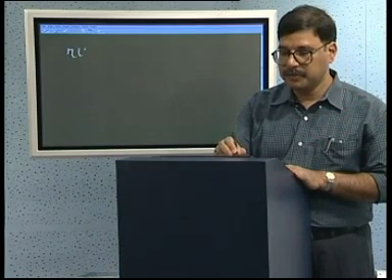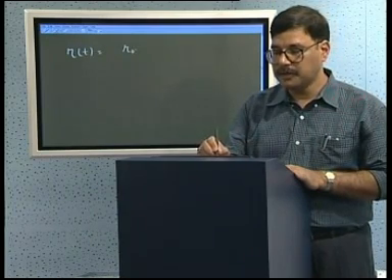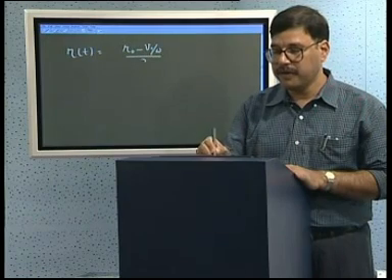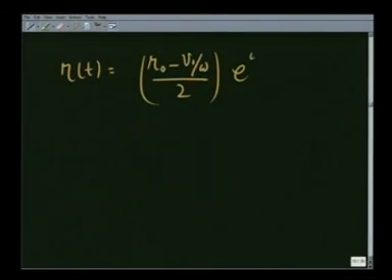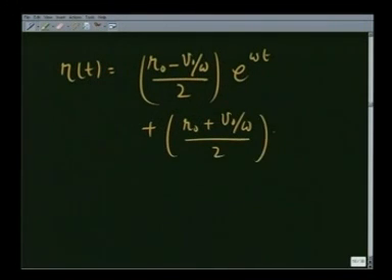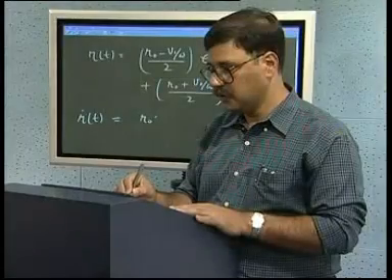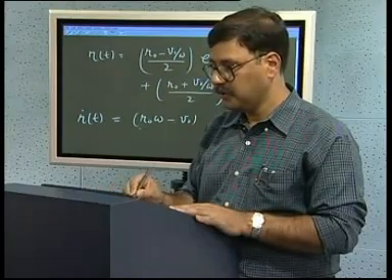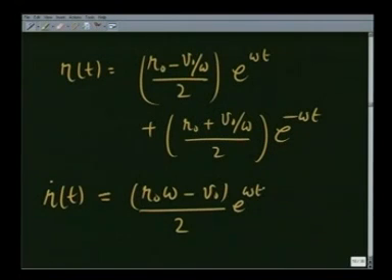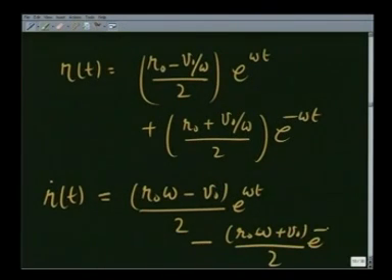So, my solution is going to be (r 0 minus v 0 over omega) divided by 2 times e raised to omega t plus (r 0 plus v 0 over omega) divided by 2 times e raised to minus omega t, and therefore, r dot as a function of time is going to be (r 0 omega minus v 0) divided by 2 times e raised to omega t minus (r 0 omega plus v 0) divided by 2 times e raised to minus omega t.